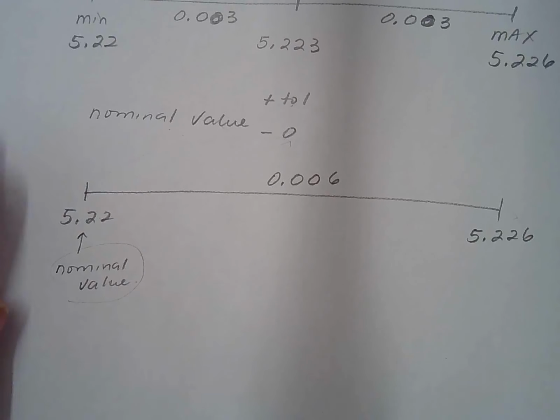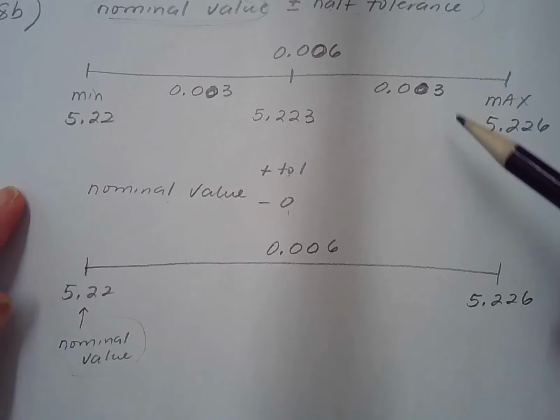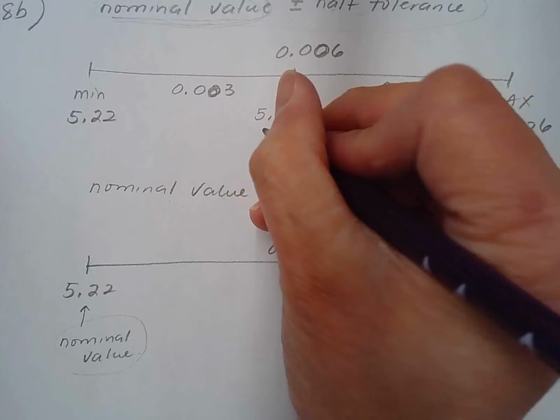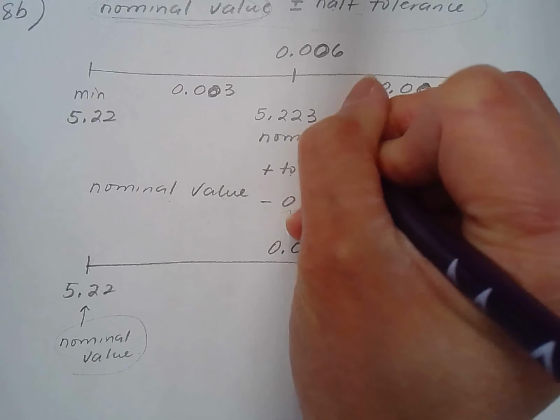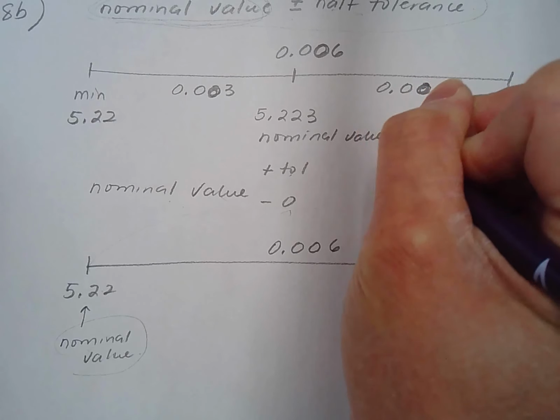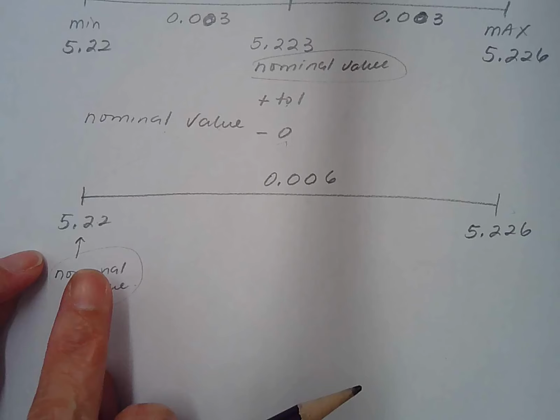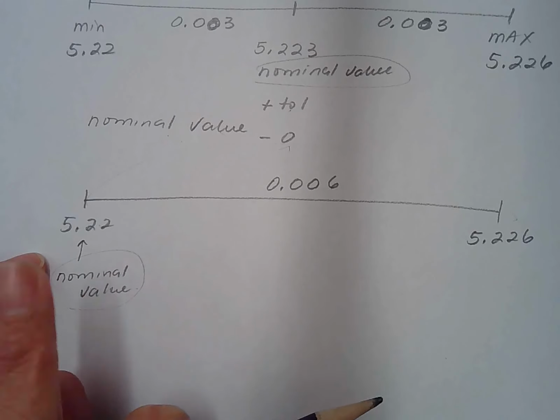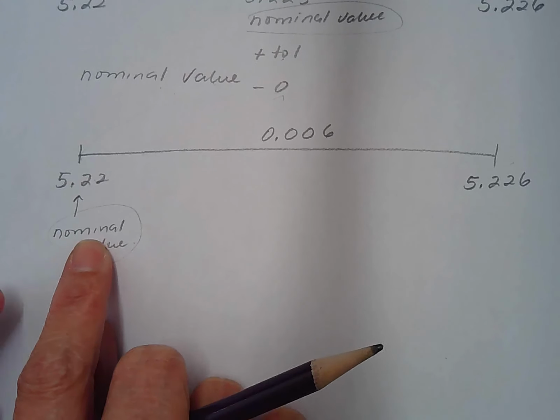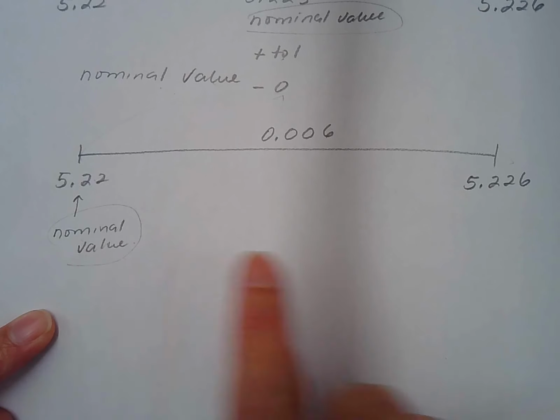Okay. So the first one, the nominal is in the middle. The target value is in the middle. This one here, the target value or nominal value is at the beginning. Now what if the nominal value is at the end?